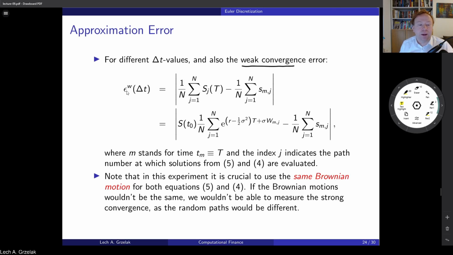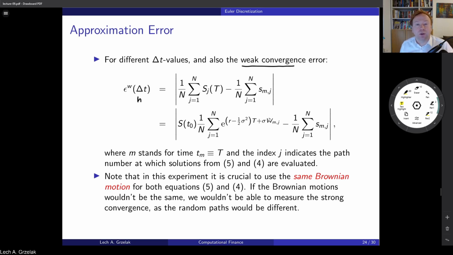We see the error e_W, which depends also on delta t, or often we indicate it by h. And then we have an absolute value of averages. So that's the mean value of the exact samples minus the average of the samples that we have obtained from Euler discretization. We can again substitute, but as you can see, it doesn't really matter anymore whether the Brownian motions here and here are put together.